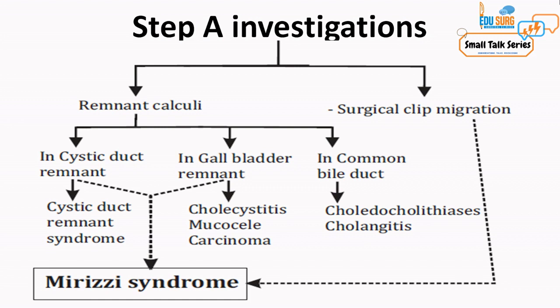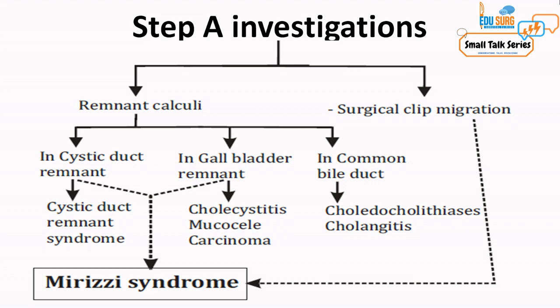This is because step A gives you the most common differentials, which are the calculi. Now, you can have remnant calculi or you can have retained or recurrent common bile duct calculi.